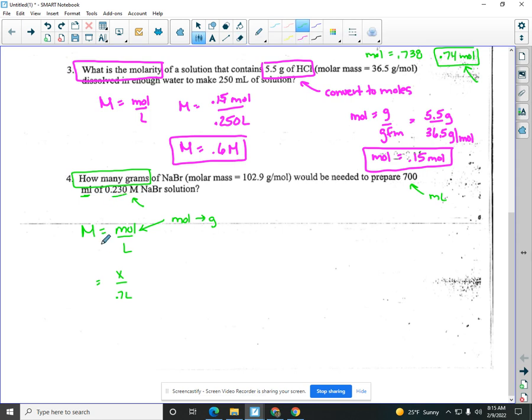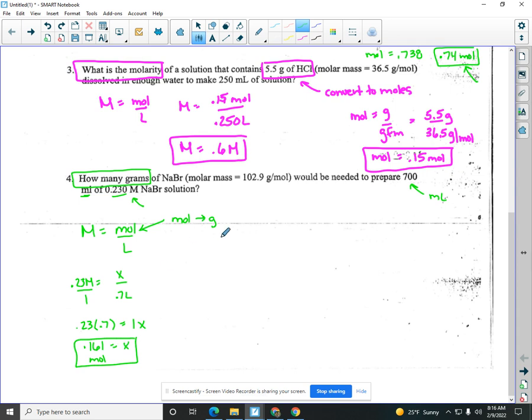It's right here, 0.23 molar. Now, when we do this, we're going to cross multiply. 0.23 times 0.7 equals 1x. 0.23 times 0.7 is going to equal 0.161. Okay, that's 0.161 moles.